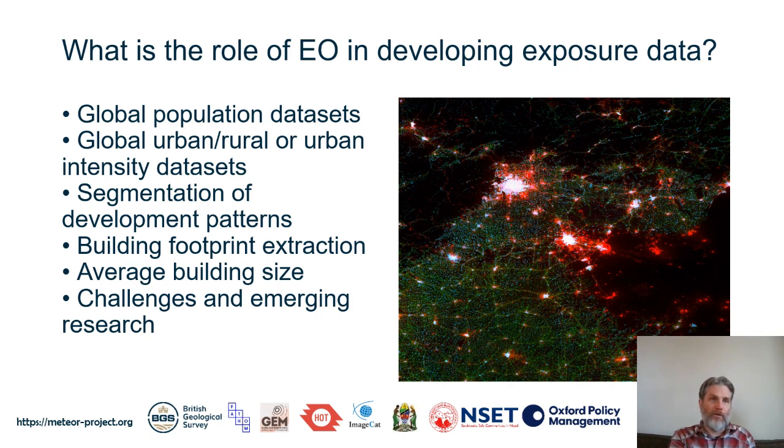Global urban, rural, or urban intensity data sets are something that are being generated more and more frequently. An urban intensity data set will just give you the percentage of built up in an area, whether it's 100%, 50%, 10%, 20%, and so forth.